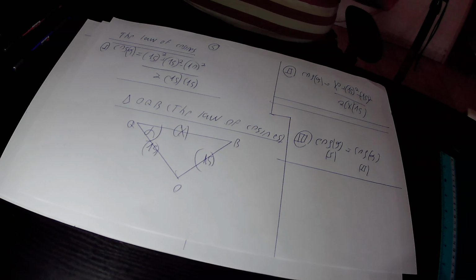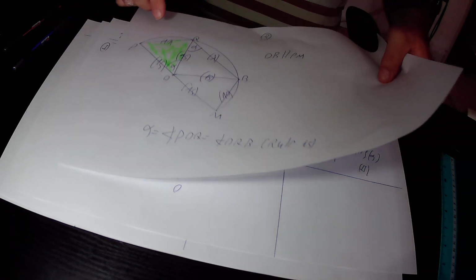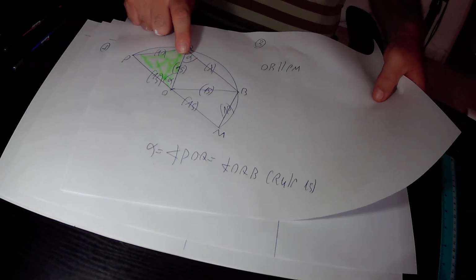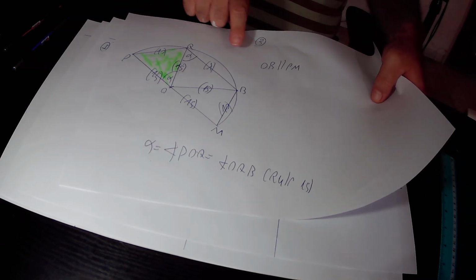Likewise, I copied this triangle OQB from the original drawing, and we implemented the law of cosines in it. This is angle alpha.